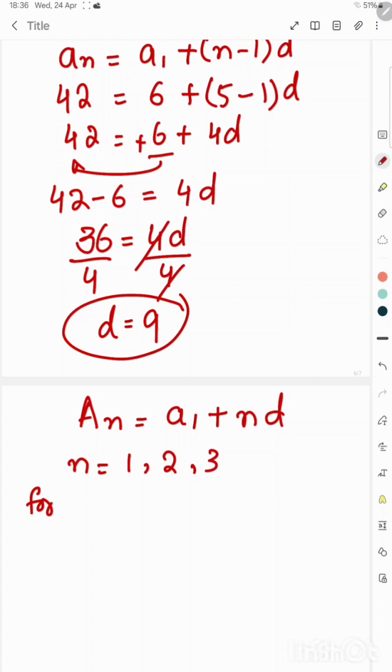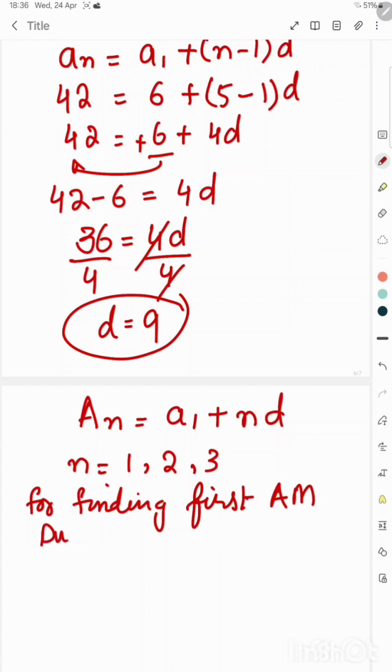For finding the first arithmetic mean, put n is equal to 1. I will write it for you so you don't get confused. So here a1 is equal to a1 plus n, as n is equal to 1, and d.